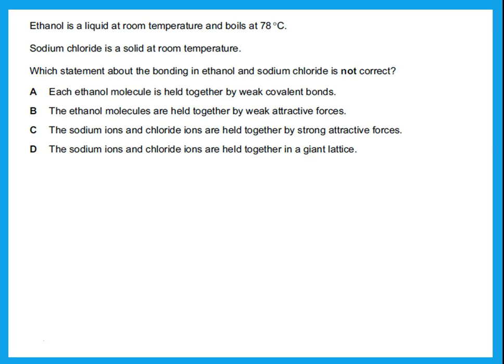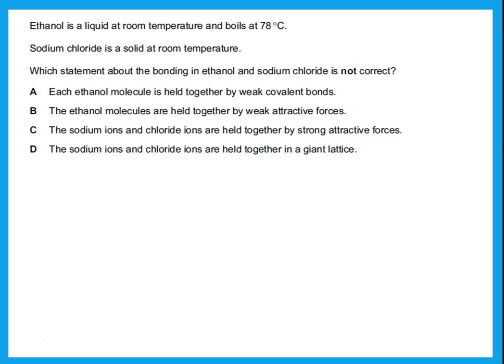Okay, ethanol is a liquid at room temperature, boils at 78 degrees centigrade. Sodium chloride is a solid at room temperature. Which statement about the bonding in ethanol and sodium chloride is not correct? Okay, so if we say that ethanol is a liquid at room temperature and boils at a relatively low boiling point, that means that ethanol must be a covalent compound.